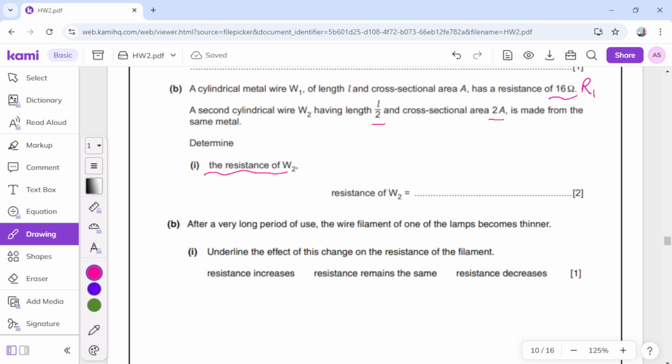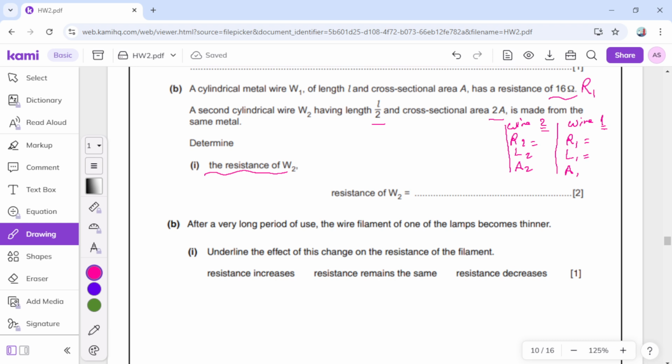Determine the resistance of wire W2. Okay, now you have to put the given like this. We have wire 1 and we have wire 2. We have resistance, length, cross-section area for 1, resistance, length, cross-section area for 2.